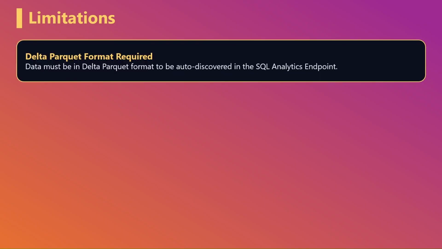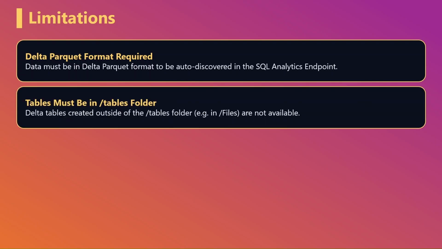So first, the delta parquet format is required. Data must be in delta parquet format to be auto-discovered in the SQL Analytics endpoint. Data has to be in delta parquet format. Tables must be in the slash Tables folder. Delta tables created outside of the Tables folder, like in Files, are not available.